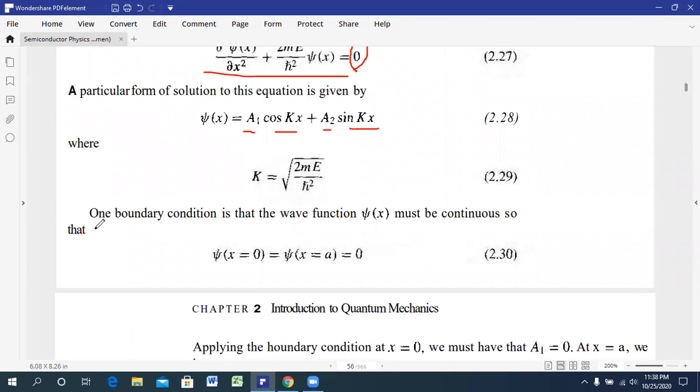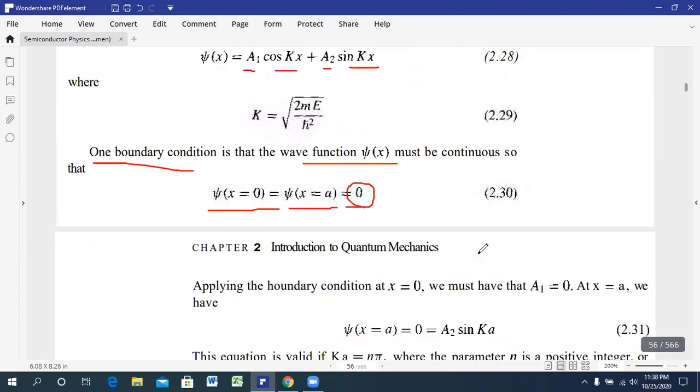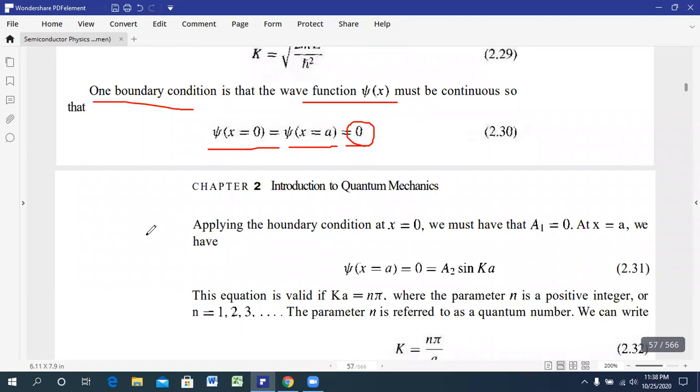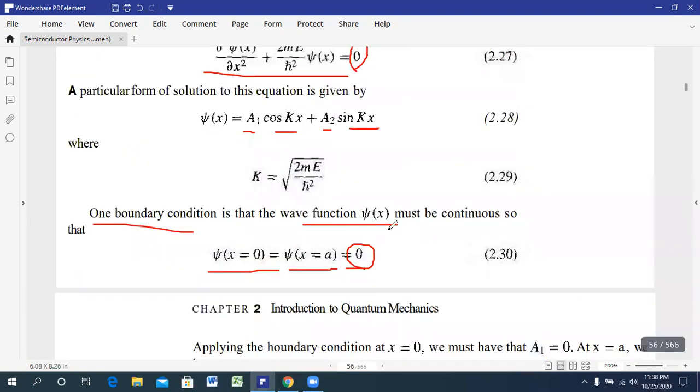Now, using the first boundary condition, that the wave function psi of x must be continuous, that means psi of 0 and psi of a should be equal to 0. Applying these two boundary conditions, if we apply x equals 0 in this equation, psi of x equals 0, then cos of x gives a1, and this portion equals 0.